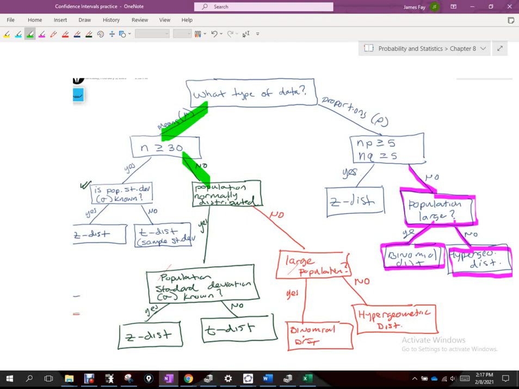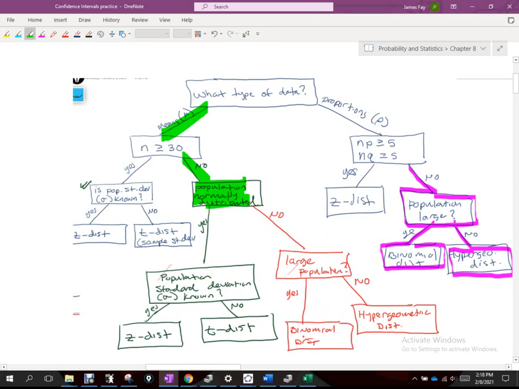If N is less than 30 and we know nothing about our population distribution, it could be normal or abnormal. We don't know. But if N is less than 30 and they continue to tell us more information, they say the population is normally distributed, that'll be a good thing for us. If we don't know that, that'll be a bad thing for us, because we haven't talked about these things over here in red.